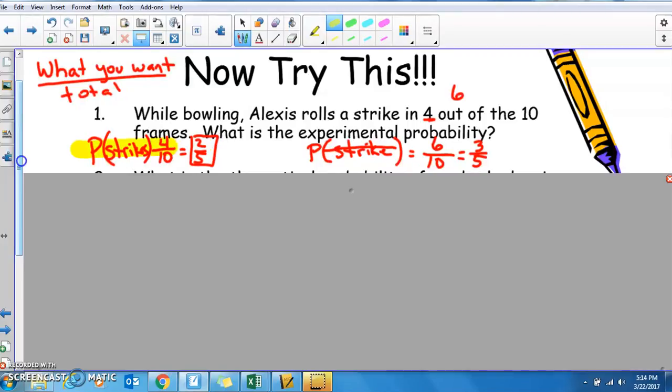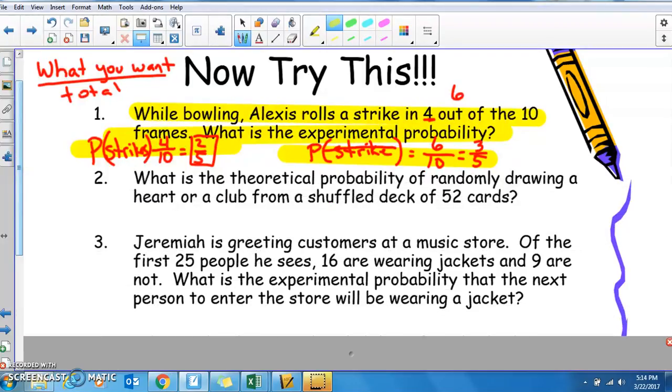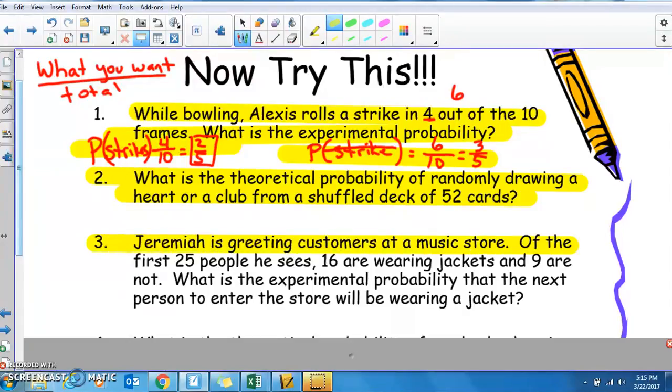So if you will copy down this information and go ahead and copy this problem down right here. Now, what I want you to do is work on the rest of these problems, numbers 2 and 3. And there's another one down here at the bottom.